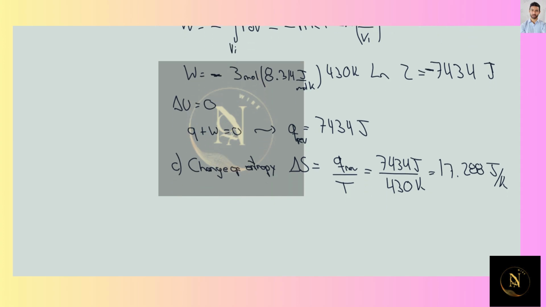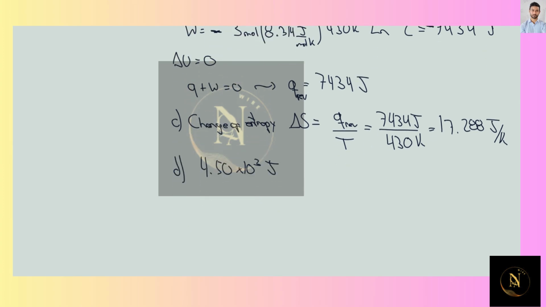And finally, for part D, if the heat exhausted by the engine in one cycle is equal to 4.50 times 10 to the 3 joules, what is the efficiency for the cycle?